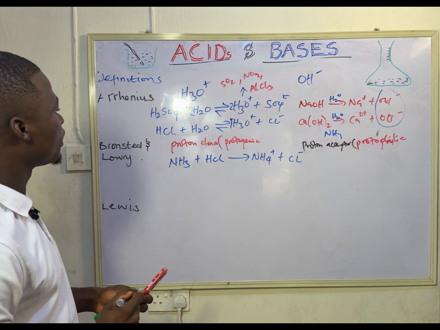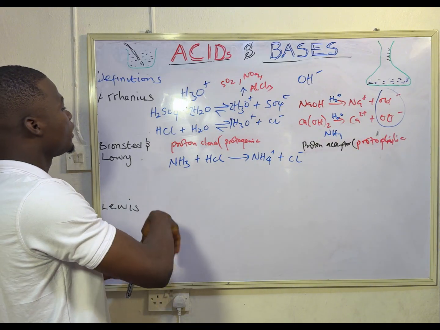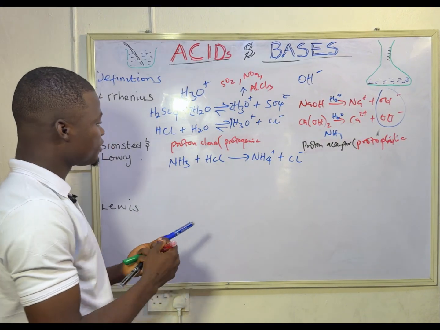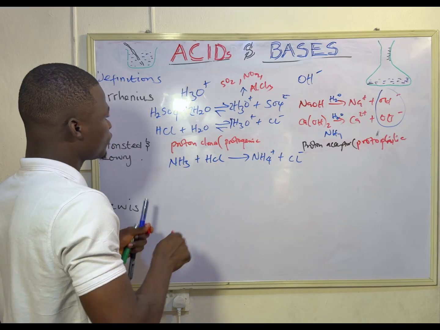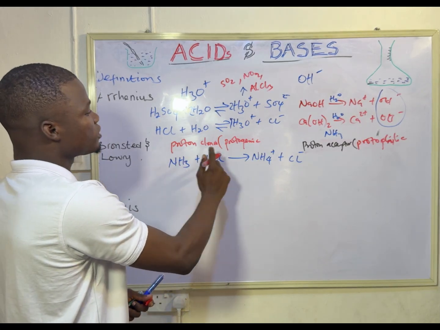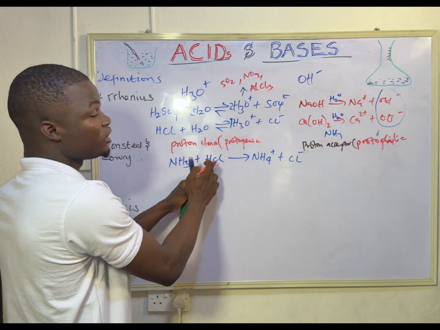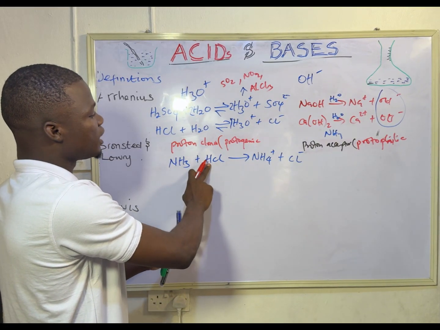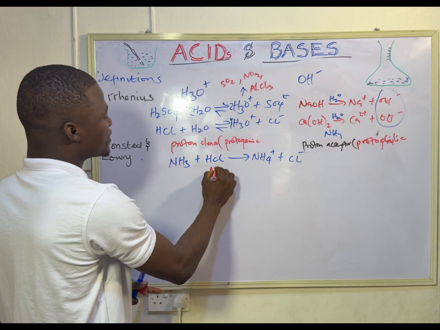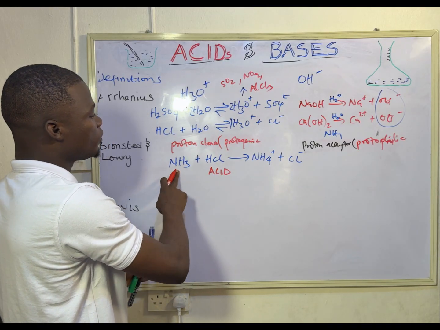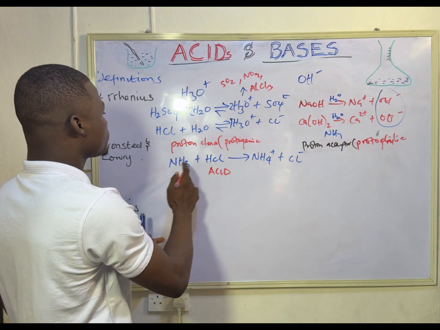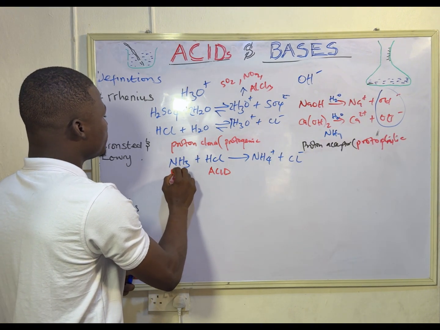So in this equation now, HCl donates its proton to NH3, because when it donates its proton, it becomes Cl minus. So this is our acid. While ammonia will accept the hydrogen ion to become NH4 plus. So this is our base.